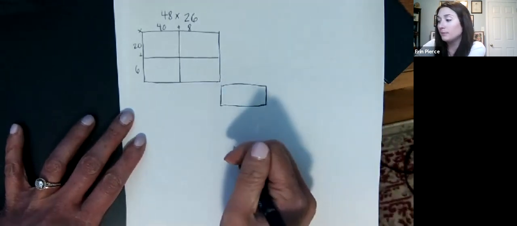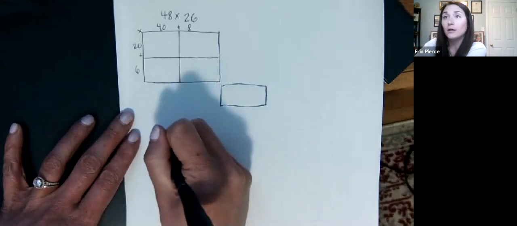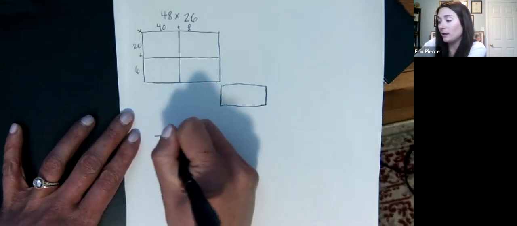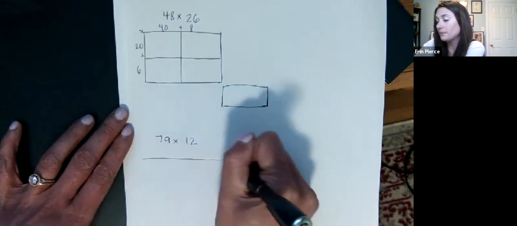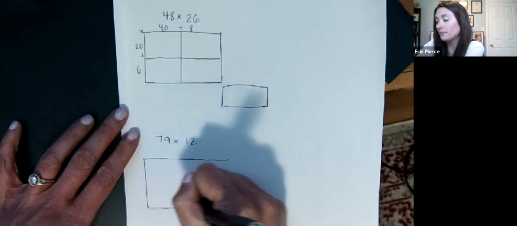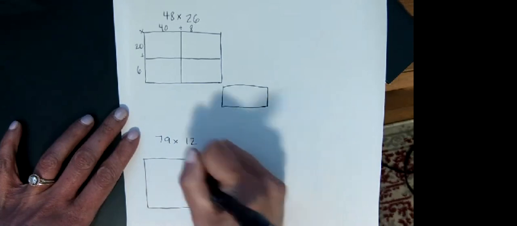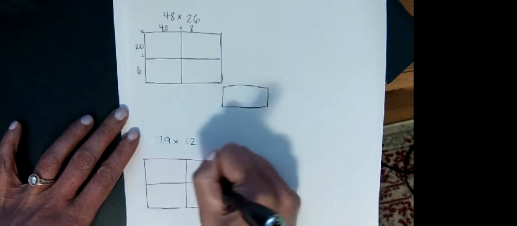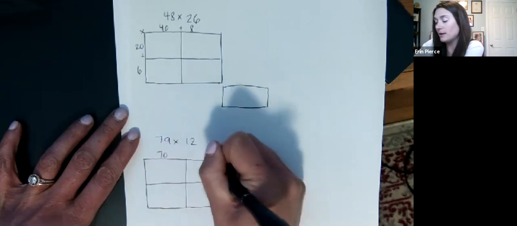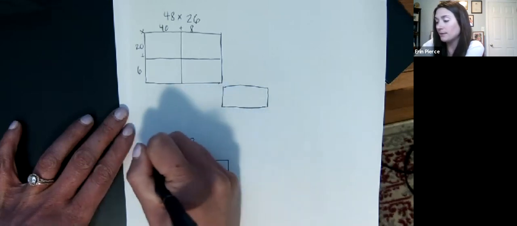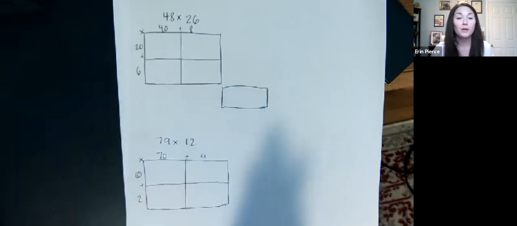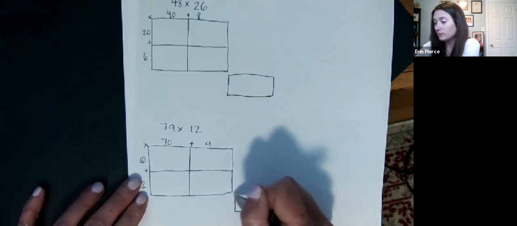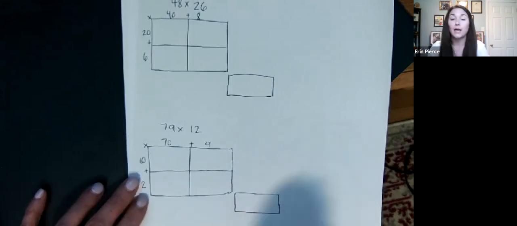My other one that I'm going to have to do matrix model for is 79 times 12. And I have my squares, 79 times 12, so 10 plus 2. And again, my answer goes in this little square to the side.